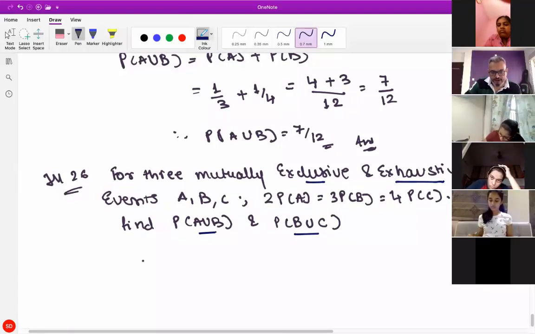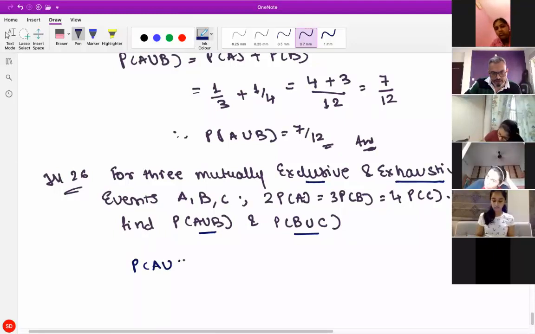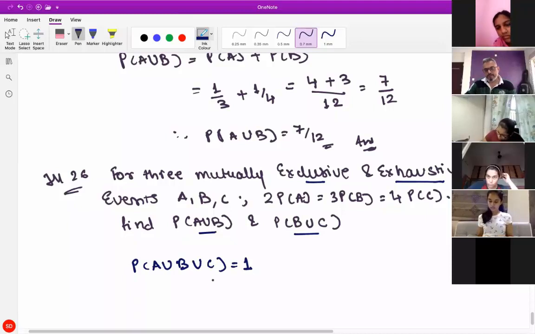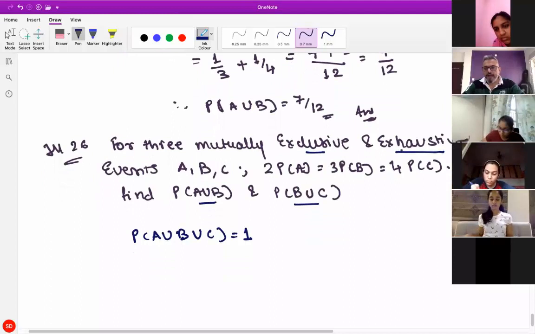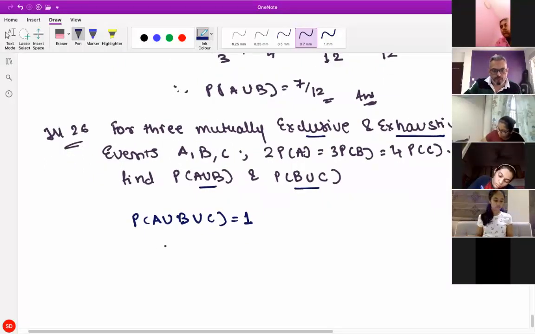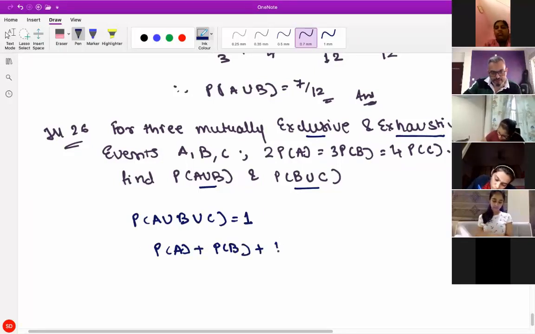Now first let me write this. Probability of A union B union C is equal to 1. Why 1? Because they are mutually exclusive and exhaustive. So P of A plus P of B plus P of C is equal to 1.